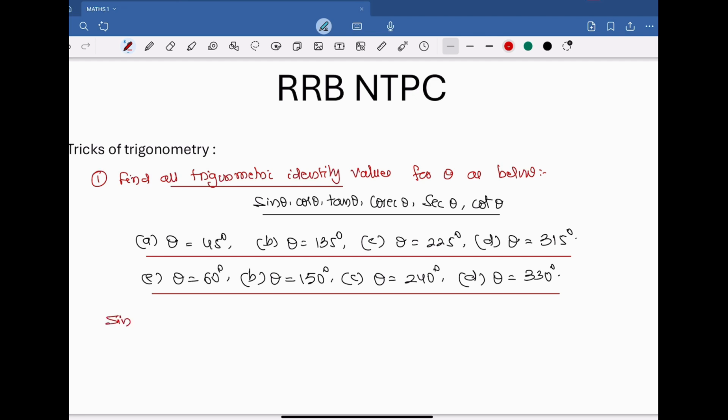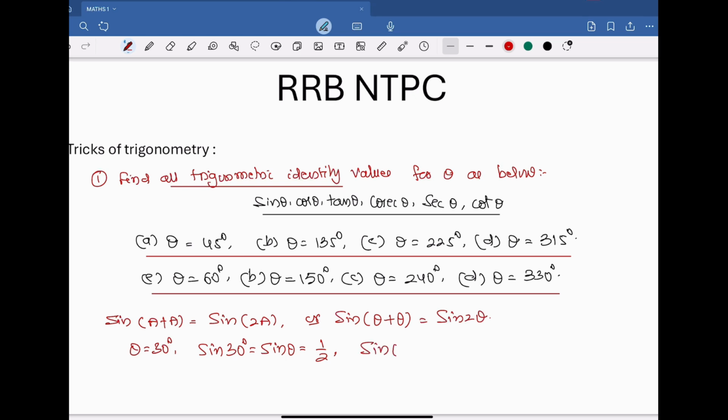What is sin A plus A? That is equal to sin 2A, or sin theta plus theta, that is equal to sin 2 theta. I am just giving an introduction to you. If theta is equal to 30 degrees, sin theta is equal to sin 30, that is equal to 1 by 2.